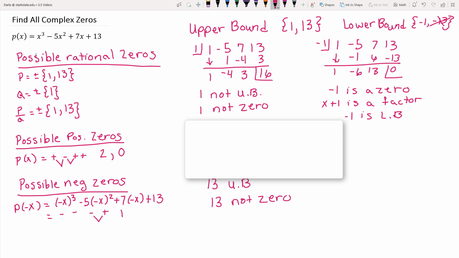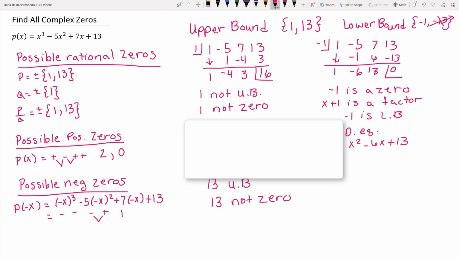And then what we can do from here is that means that the factor x plus 1 divided into our original polynomial x cubed minus 5x squared plus 7x plus 13 and gave us the depressed equation 1x to the second minus 6x plus 13, which I get from that last row of my synthetic division, and it's going to be 1 degree less than my polynomial.